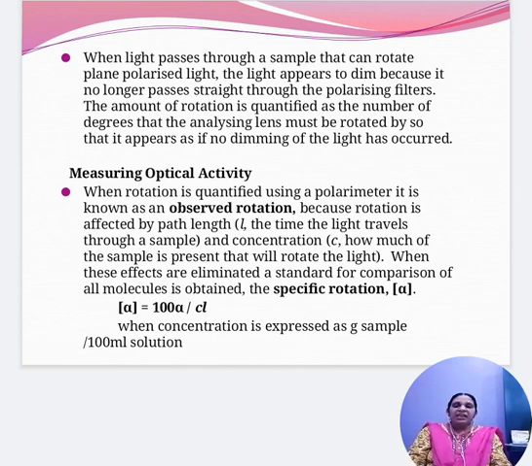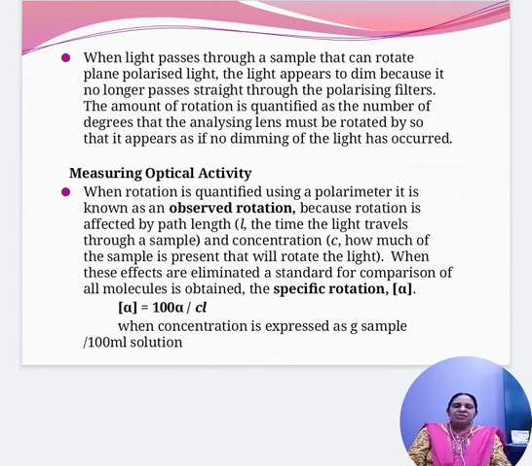But if you place a sample inside the sample tube, when light passes through the sample that can rotate it, as I told you, a special type of sample is used. What is that sample? It is an optically active sample. That sample has the property of rotating the plane polarized light passing through it by an angle.